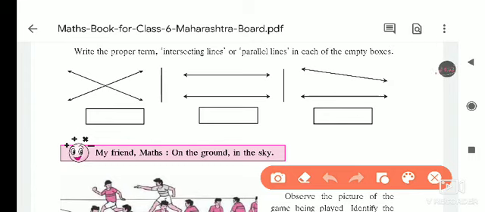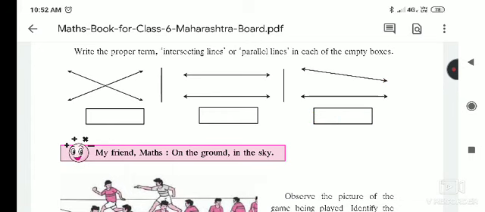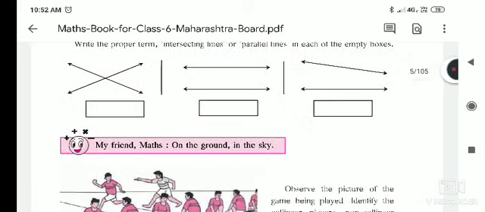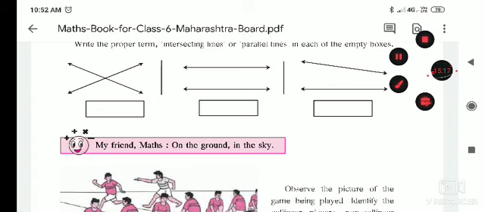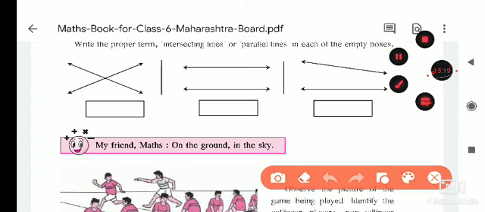Then, if you see in the third figure, suppose I extend this line on this side, and afterwards extend this line towards this side, they intersect at one point, so they are called intersecting lines. In the figure they are not showing it, but they are intersecting each other, because the first line is a slanting line.